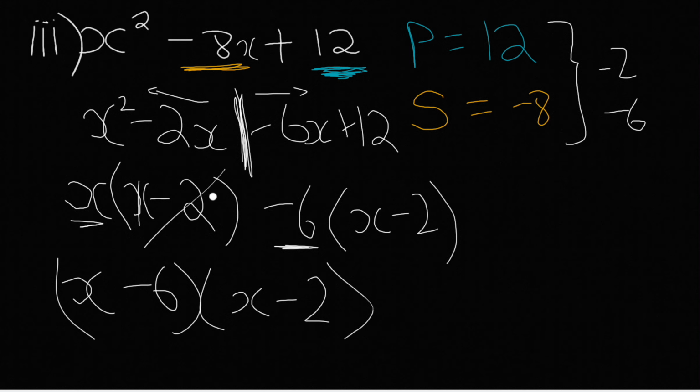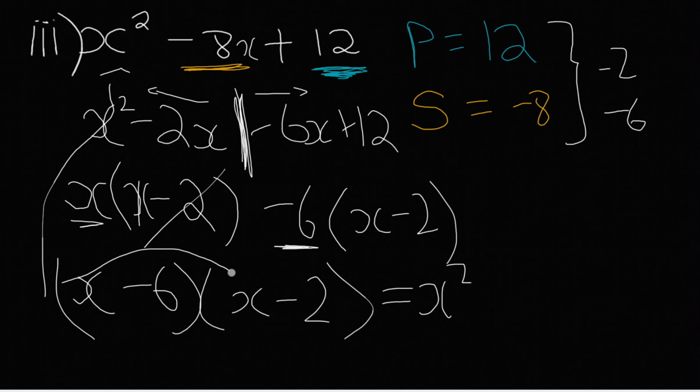You disregard the first x minus 2 because it's the same thing, right? So let's expand this to see if it will get us back to this, right? So you have x times x is x squared, right? X times minus 2 is minus 2x.